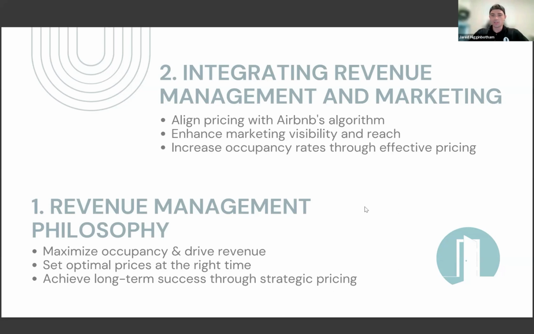If I'm not showing up at the top of the page in Airbnb's algorithm, it's because something in my pricing strategy, or maybe something with my listing itself, is wrong. By combining revenue management and marketing teams, we see the total picture, and we can make adjustments on the fly as long as we're doing our jobs correctly. The net result is you're going to increase your occupancy rates if you are priced correctly. That's the whole goal, to make sure our occupancy is high.